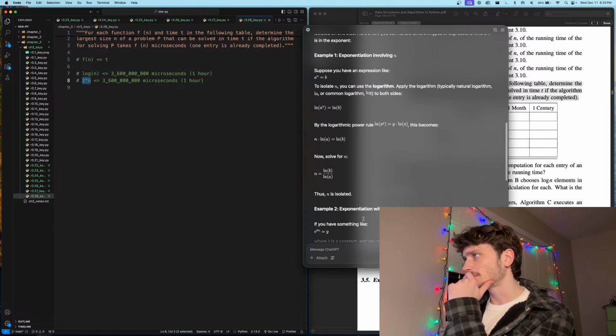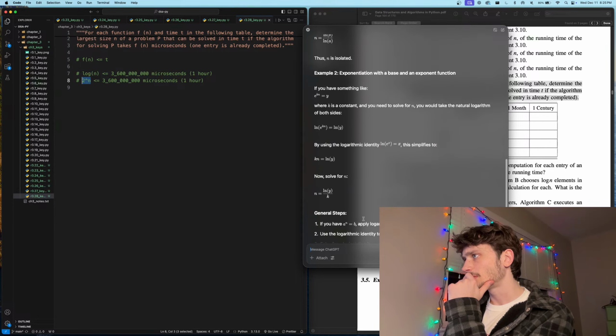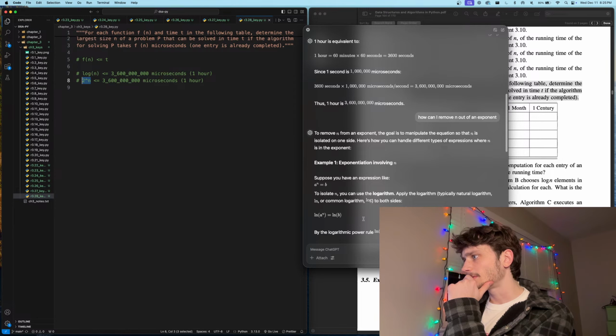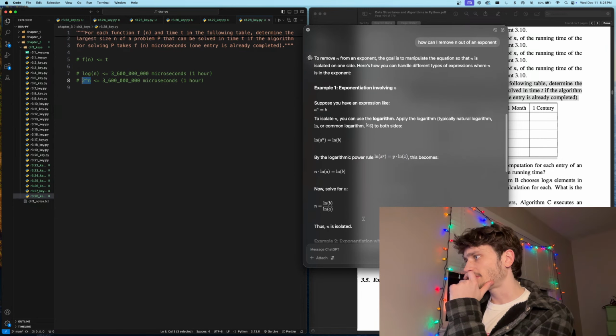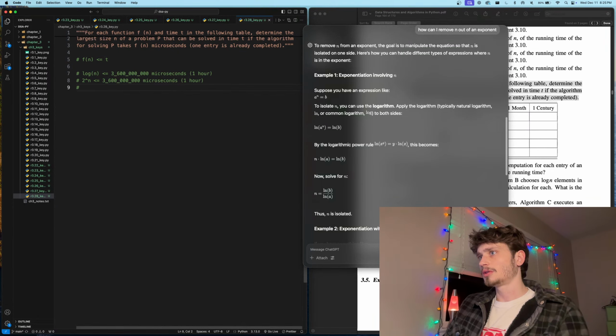Use natural log. I can take the natural log of both sides. Then that would be n times the natural log of 2 is less than or equal to the natural log of this number, right?